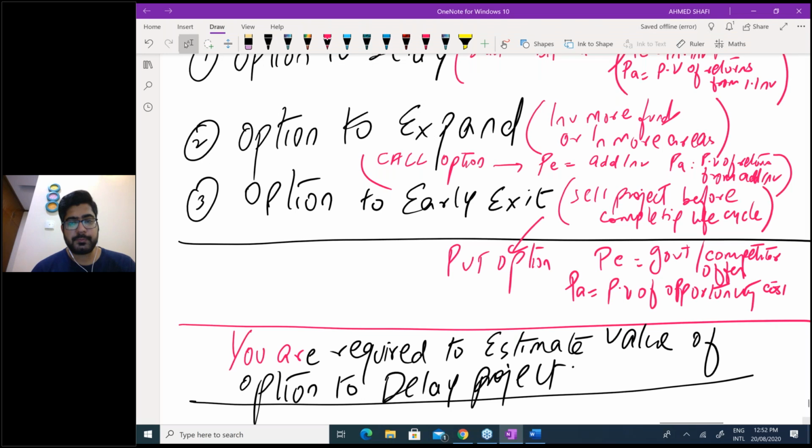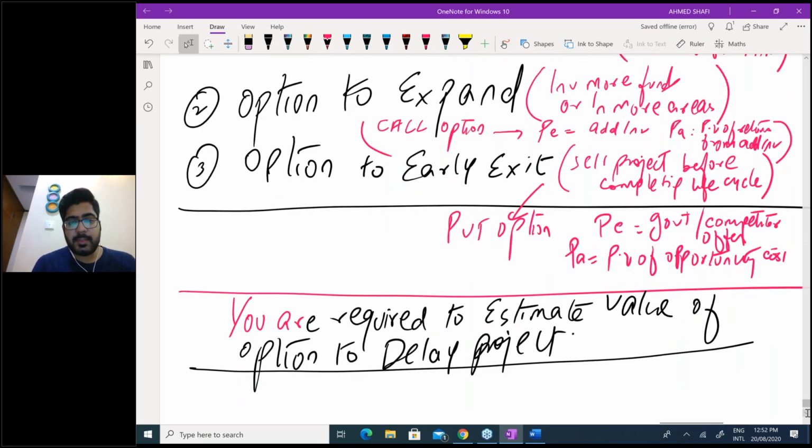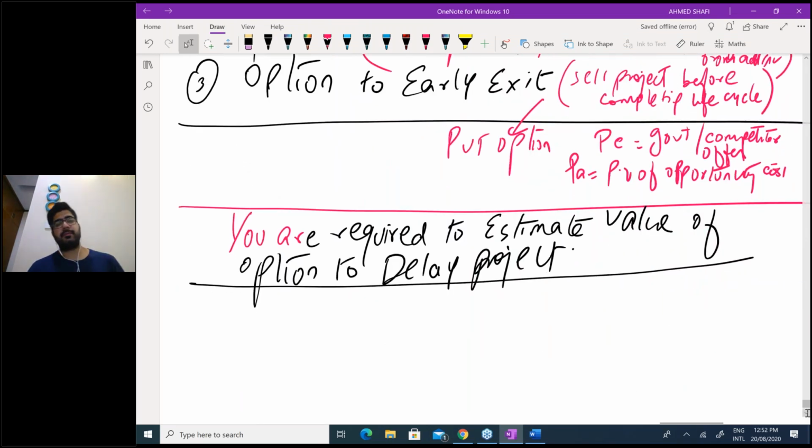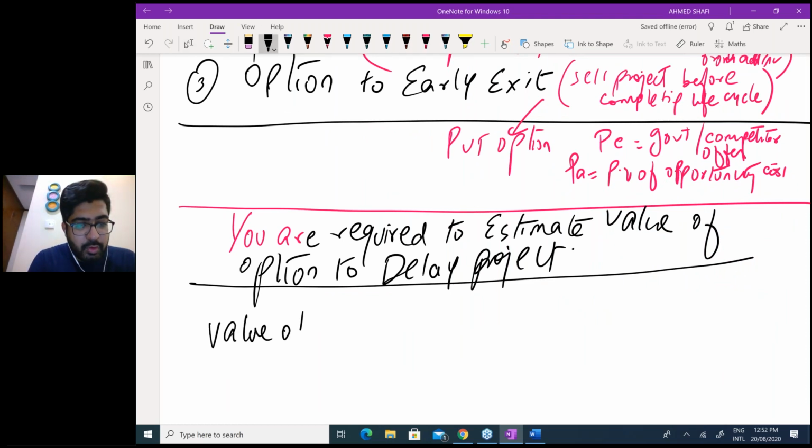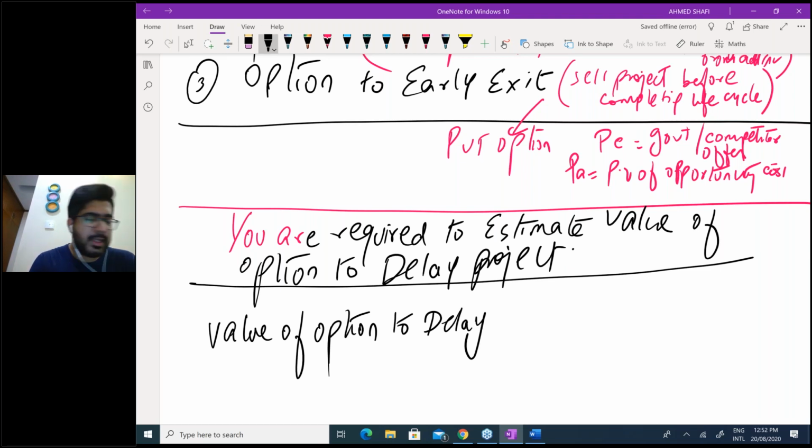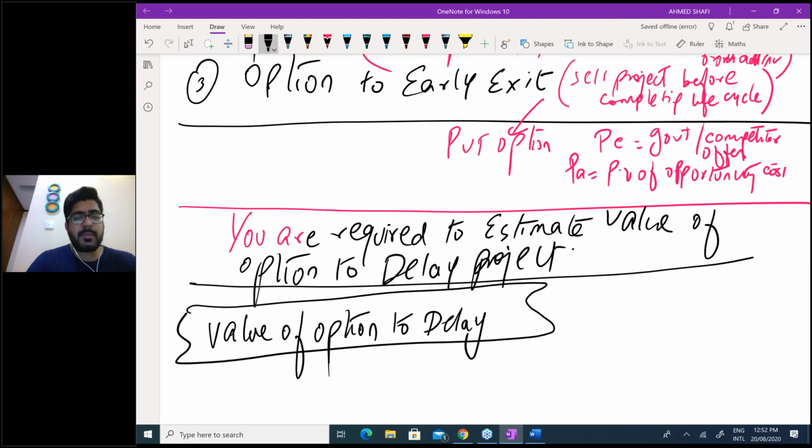I've been asked to estimate value of option to delay using BSOP. Had the question not told about BSOP, still I would have known that if I need to estimate the value of option, any option is found through BSOP.